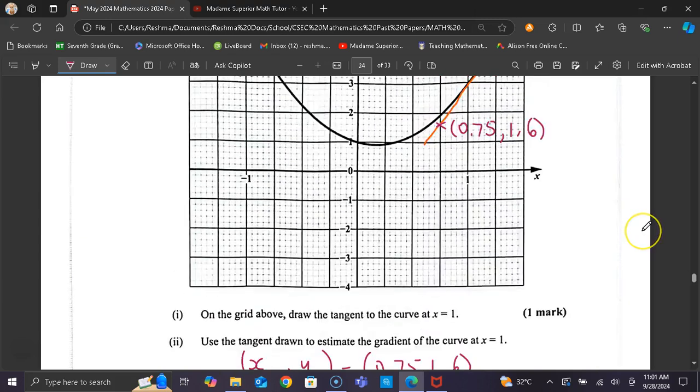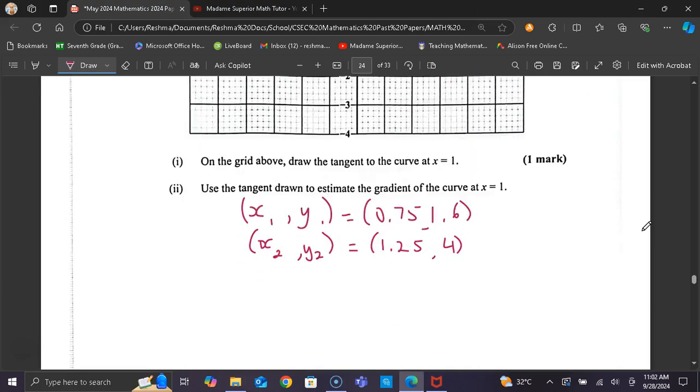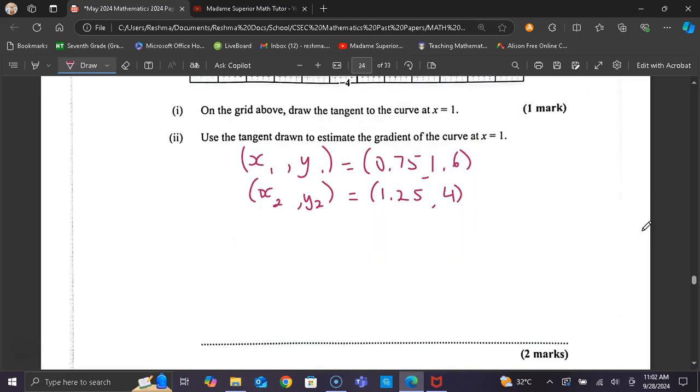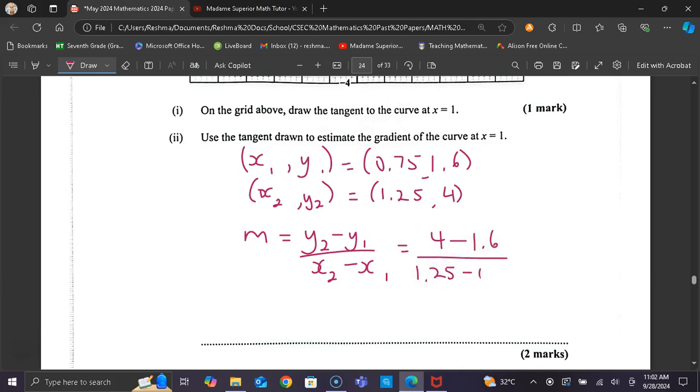Okay, let me just make sure. Yes. So to calculate the gradient m, the formula for gradient is y2 minus y1 over x2 minus x1. Therefore we have 4 minus 1.6 over 1.25 minus 0.75.